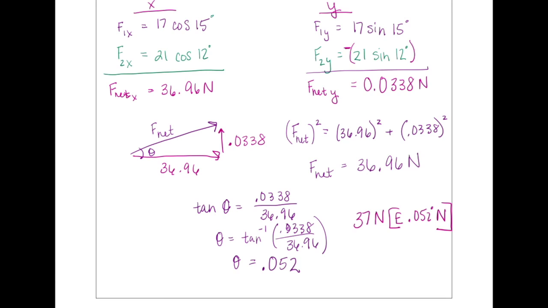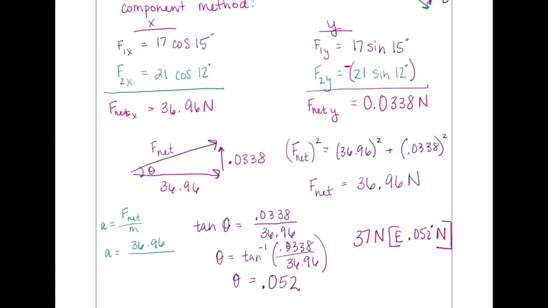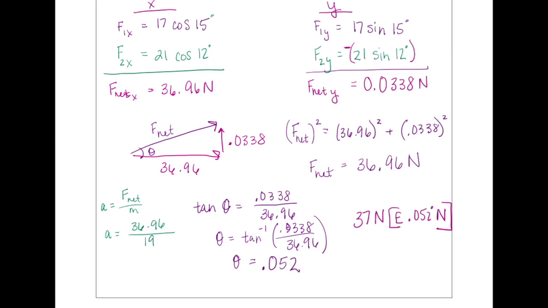Okay, so now that we have the total force, we can now find the acceleration. So for acceleration, I kind of ran out of room. For acceleration, it's F, or force, net force, divided by mass. Okay, so our net force that we calculated was 36.96 divided by our mass, which was 19 kilograms.